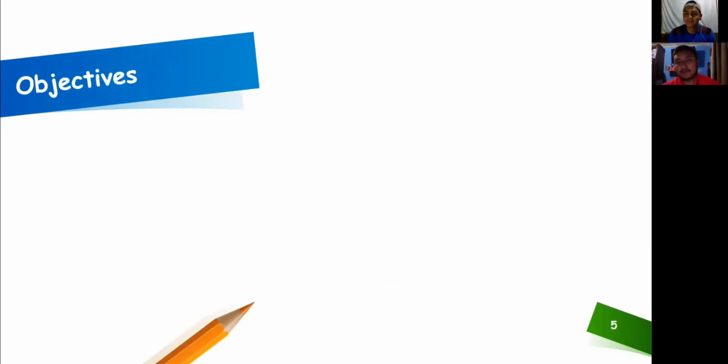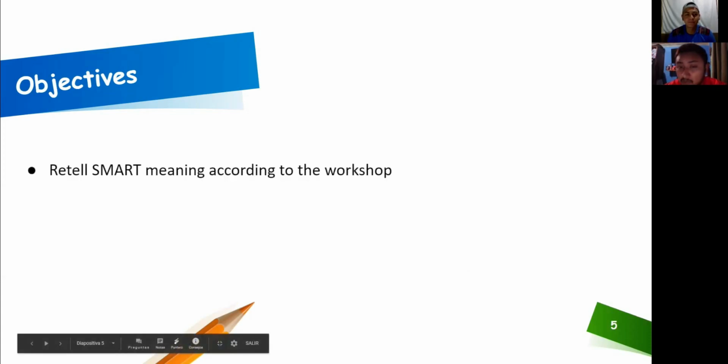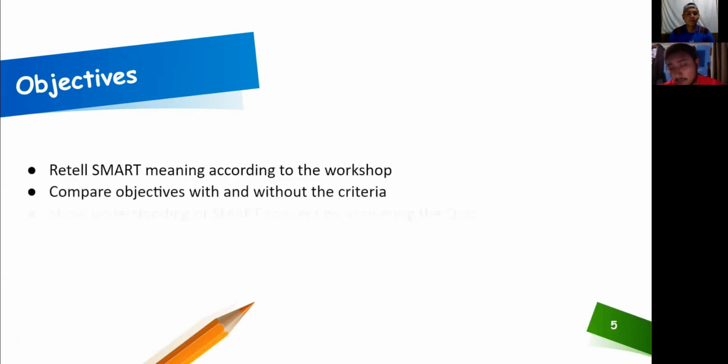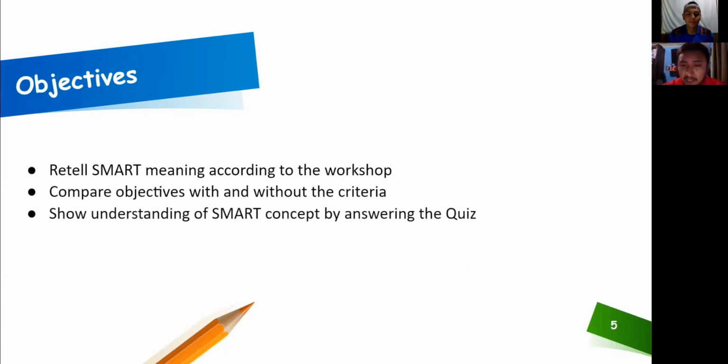Sure. So starting first with the objectives of the workshop, we have the 3 bullet points here for you all. Danny, you might want to help me here with reading the first one, please. Sure. Retell SMART meaning according to the workshop. Then we have compare objectives with and without the criteria.